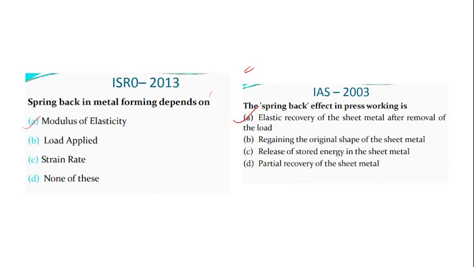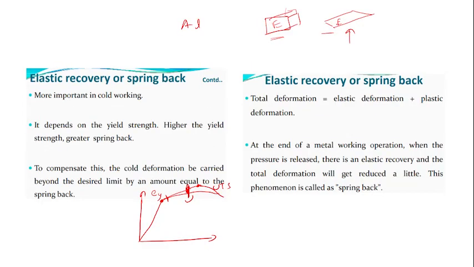Actually, regarding springback, you told that elastic recovery is more in sheet metal. Yes. See, suppose we have applied pressure up to here in sheet metal and up to here in bulk.